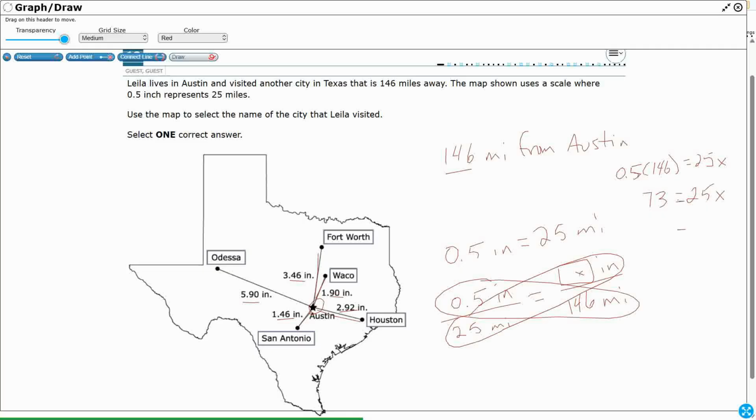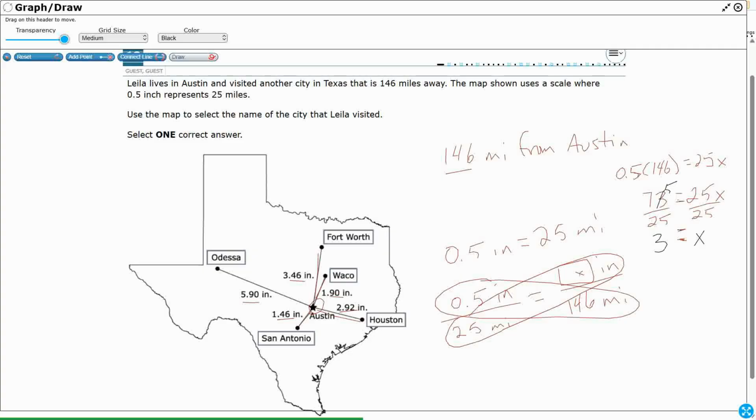And so what we can do here is we can think, if I divide both sides by 25, what am I going to get? Well, I'm going to get a decimal. I really don't feel like doing that calculation right here. I'm going to use a friendly number here. If this was, instead of 73, if it was 75, it would be 3, right?